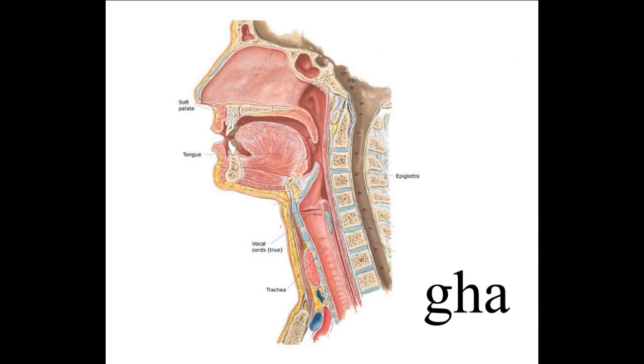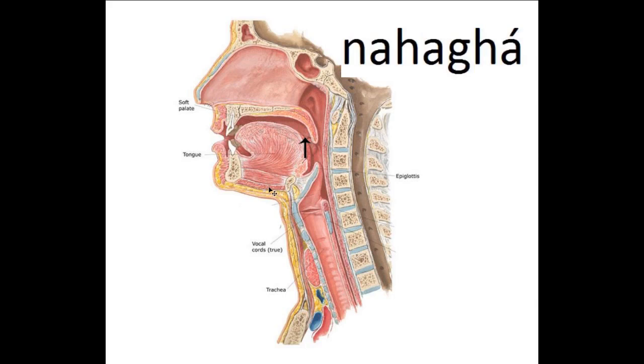Now we create the GHA sound by allowing the back of our tongue to be on our soft palate. And so the sound actually emanates from almost the back of your mouth down into your throat. So, for example, the word for religion, naura.